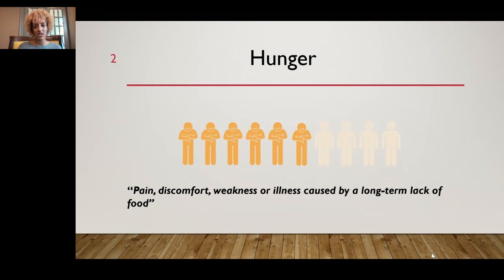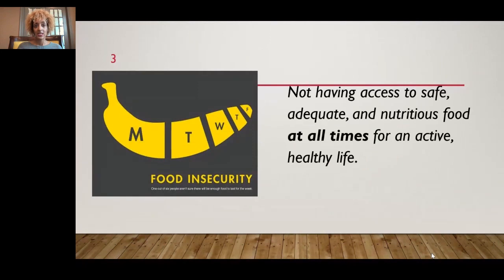So the key word there is pain. So hunger is physiological. Food insecurity, on the other hand, is not having enough food, whether it's nutritious food or the amount of food, at all times for a healthy and active life, because the money is not available. So hunger is physiological, but food insecurity is more about the economics.